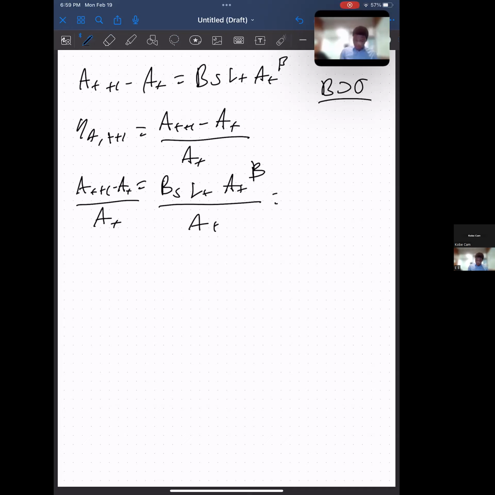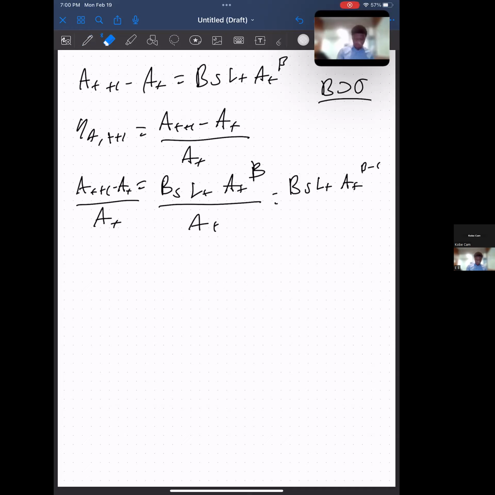And now we have B S L_t A_t to the beta over A_t. We have A_t raised to the beta and an A_t in the denominator, so we can just do beta minus 1, because this is technically the same thing as B S L_t A_t to the beta times A_t to the negative 1, and you add the exponents together, so that's beta plus negative 1. Just want to showcase that, in case folks were confused about how that was derived in the Romer model.